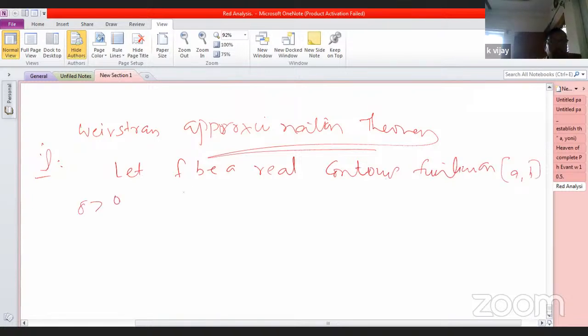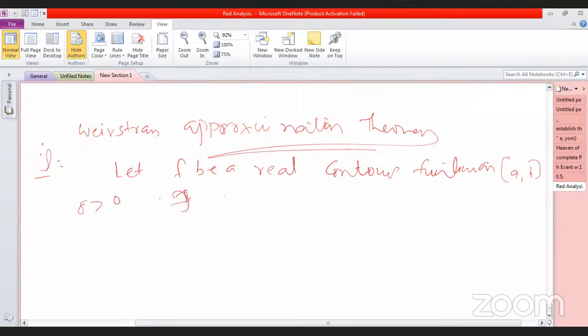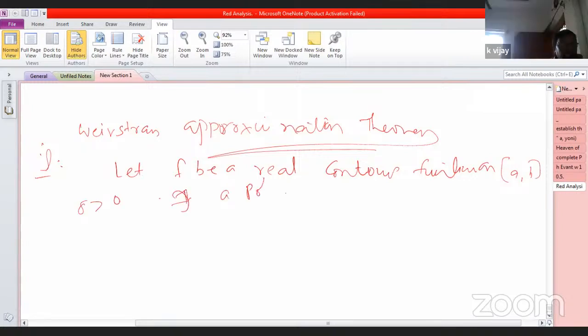There exists a polynomial p such that modulus of f(x) minus p(x) is less than delta, for x belongs to [a,b].